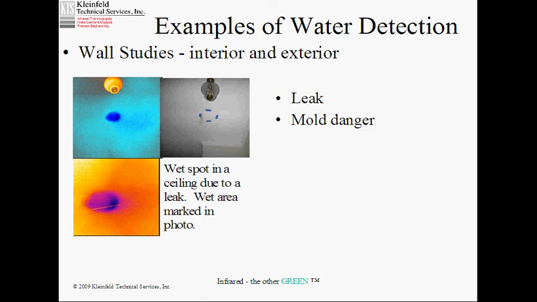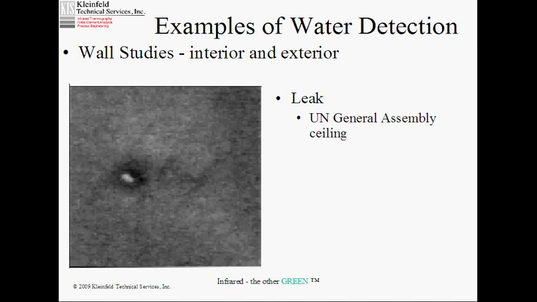The areas that have some buried water beyond the surface, in this case above the surface, it's the ceiling, don't warm up as readily as the area surrounding it. So it gives you a handle on what direction the water is coming from. And on the photo, you can see I put some blue tape on to mark the spot. But other than the blue tape, there is nothing visible that tells you here's a wet spot.